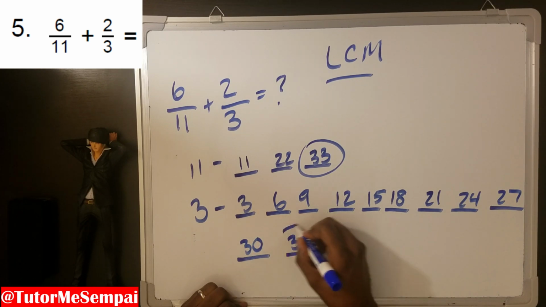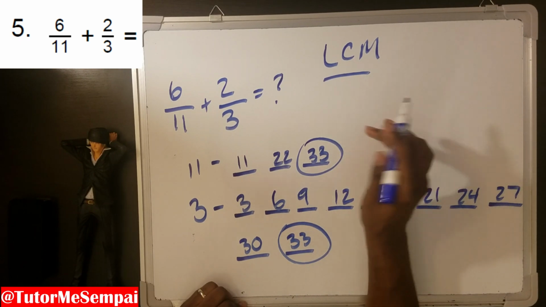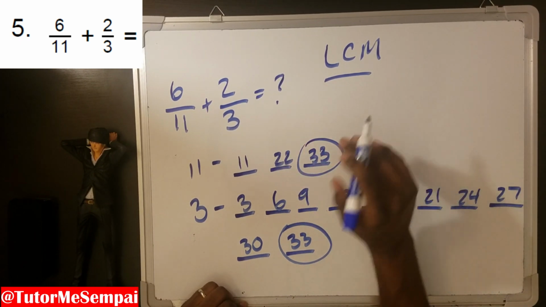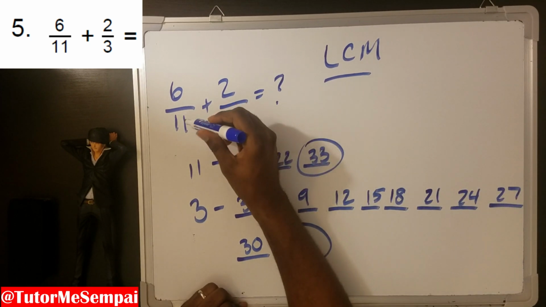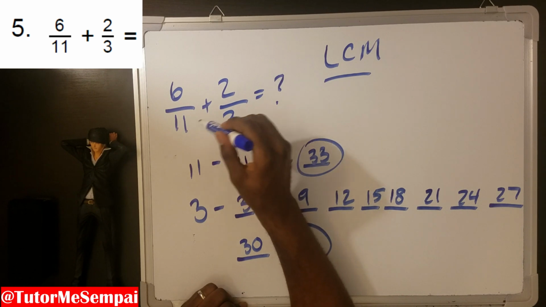So we know that they have this in common, right? We're stopping at the endpoints where we would feel comfortable without going and trying to find more, because we know we can stop at the very least at 11 times 3, the two denominators multiplied together.